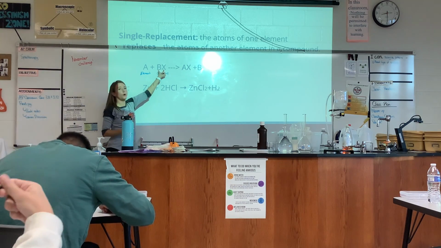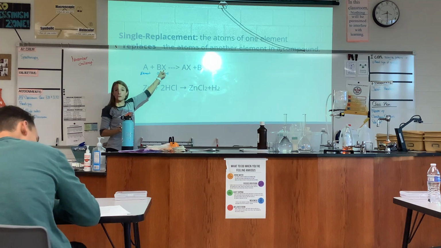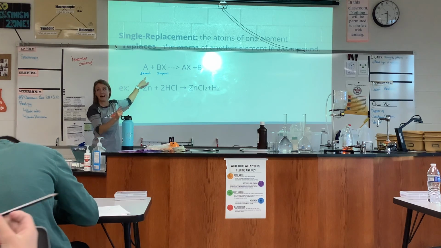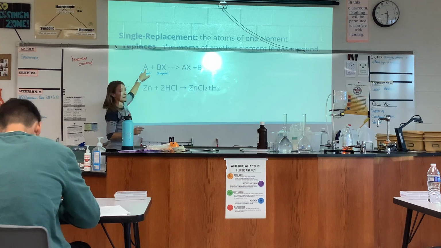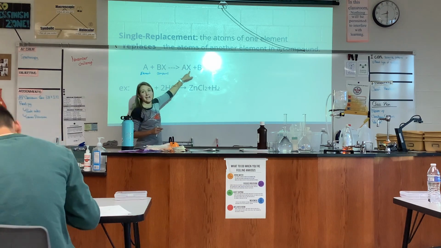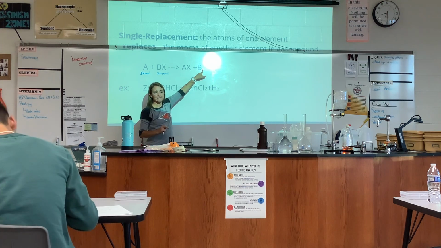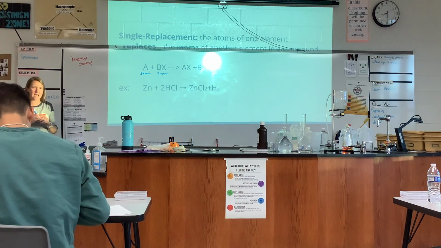Compound is when you have multiple elements linked together. In a single replacement, the single one switches out the place of one of the ones in the grouping. So notice A was by itself, B was with X. Now, A is with X, and B got picked out. Right? Questions on that pattern?